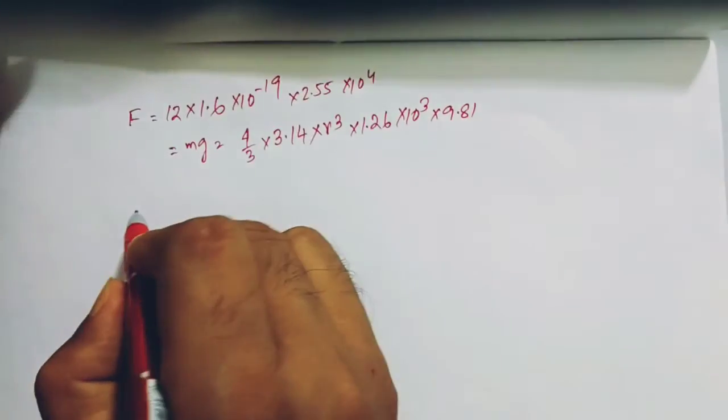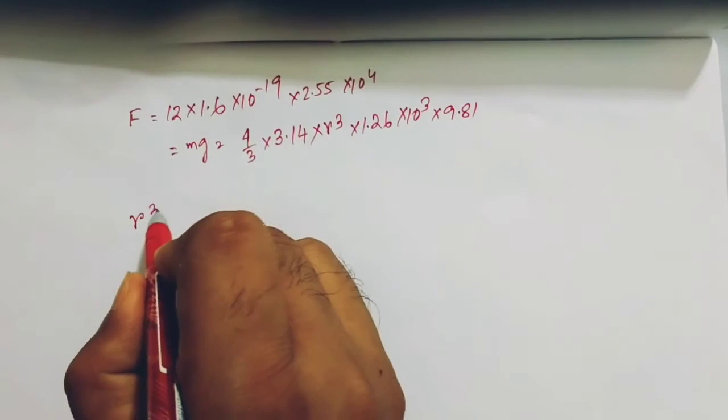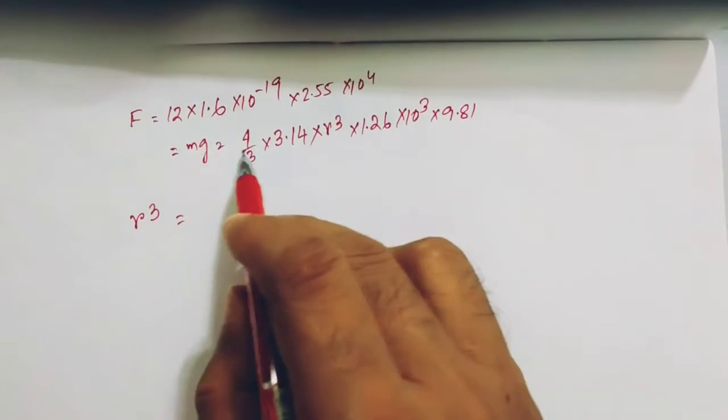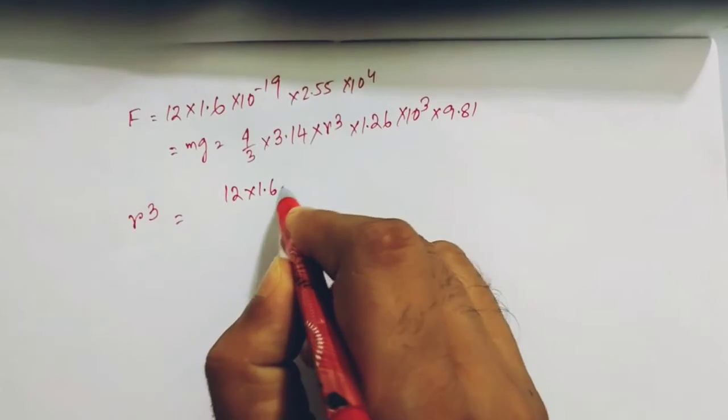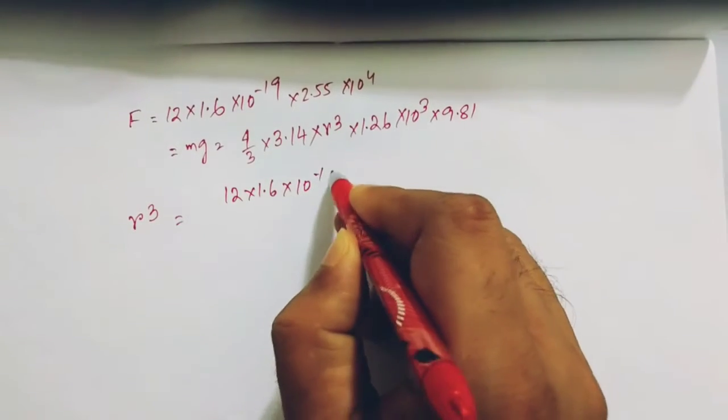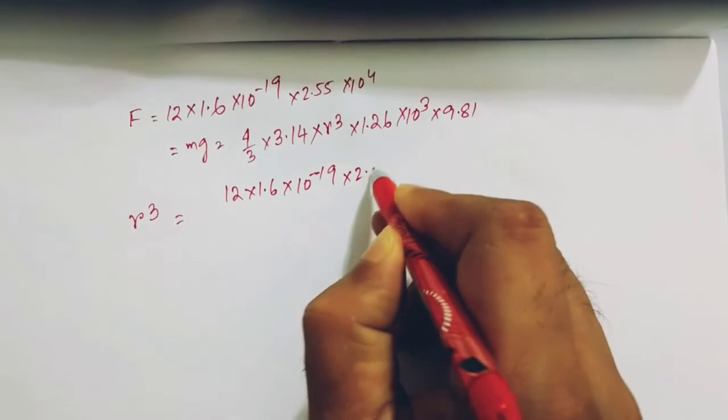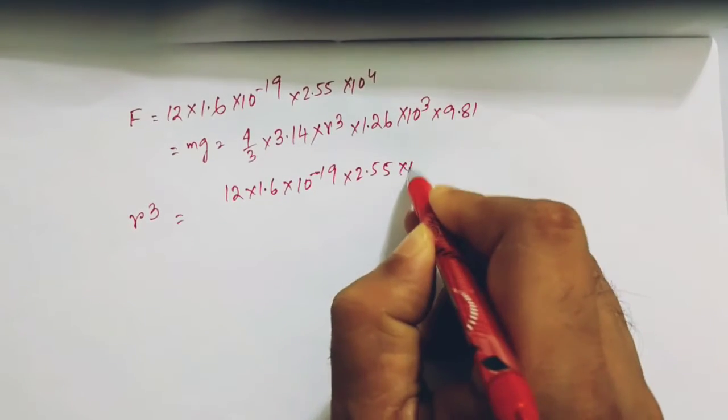So from these two, we can say r cube will be equal to 12 into 1.6 into 10 raised minus 19 into 2.55 into 10 raised 4.